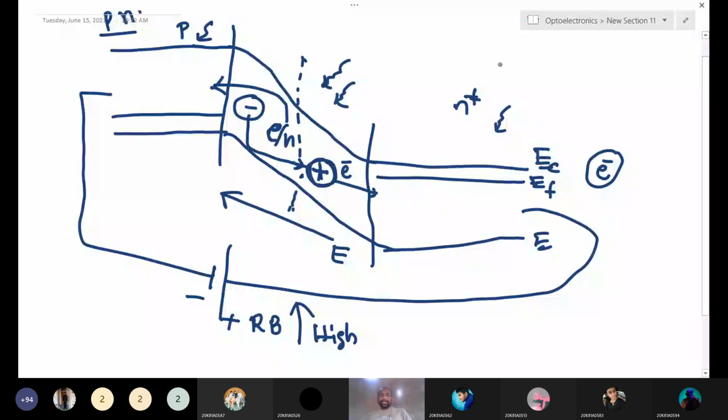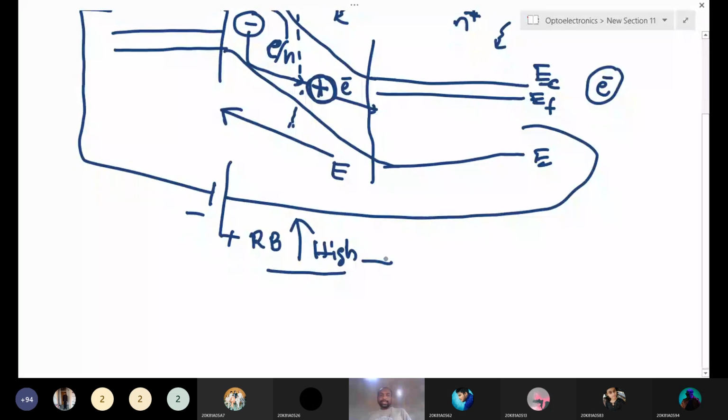What is impact ionization? Very simple. We are using a high reverse bias voltage. The electron takes this energy and collides with the ionized donor atoms, producing one more electron. So we are creating two electrons with one photon.